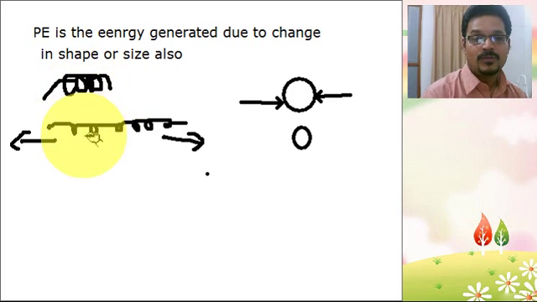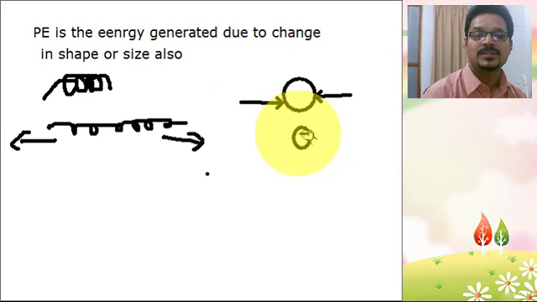So when you change the shape, the body generates potential energy. See this example, there is a ball. This ball is pressed by two forces on two sides so that the ball becomes this shape. When you release the force, the ball comes back to the initial position. This is because as soon as the force is applied, the ball generates potential energy. That's why it is the energy stored inside the body also.